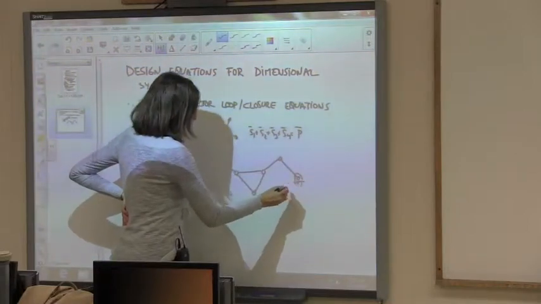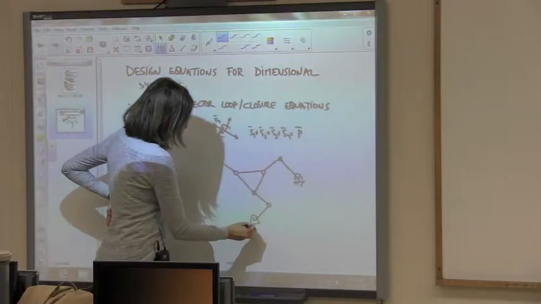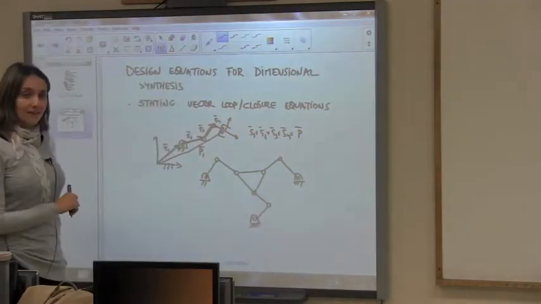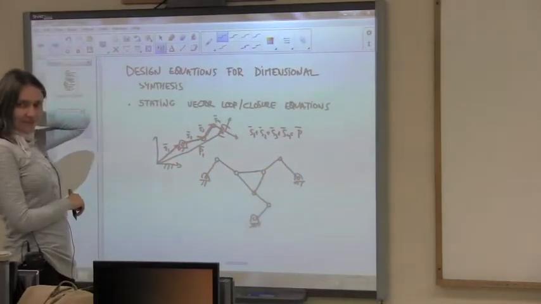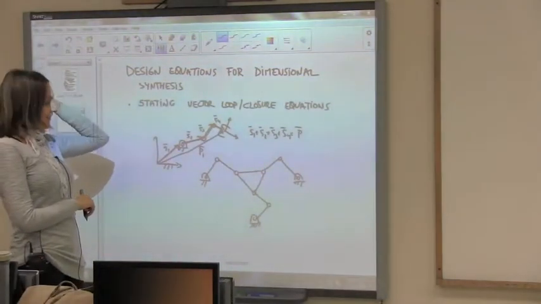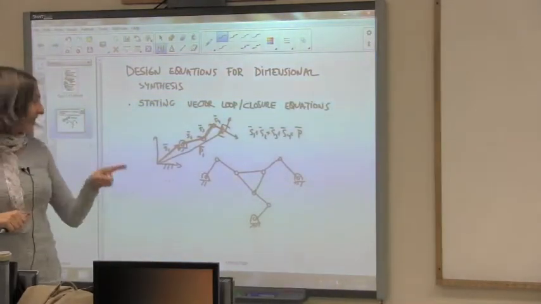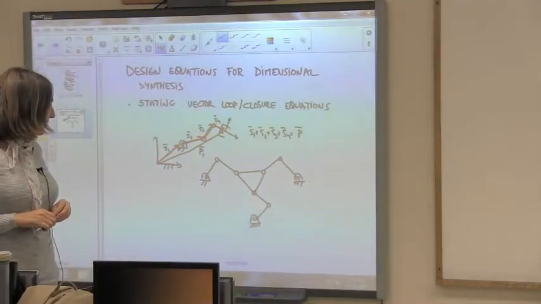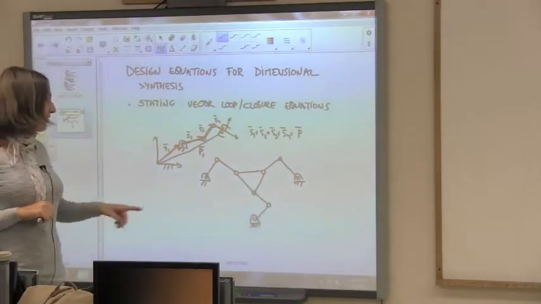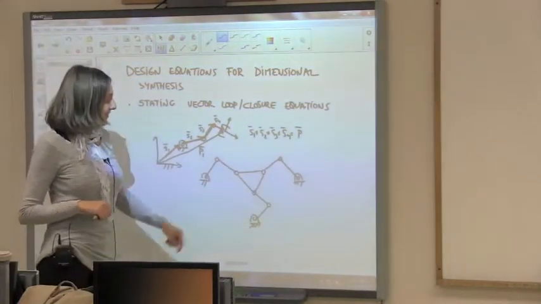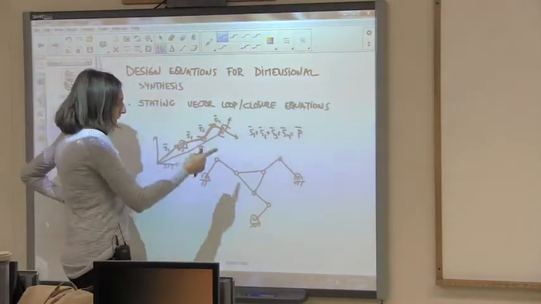Well, it may not work, but you can certainly create it. Does it work? We should calculate the mobility to see if it works. Looks like it can work a little. Your intuition says yes. How about anybody else? These are all revolute joints. Let's see what you can do actually too.